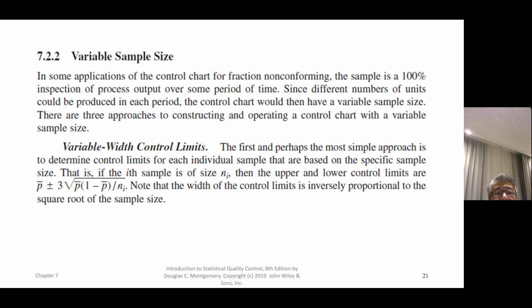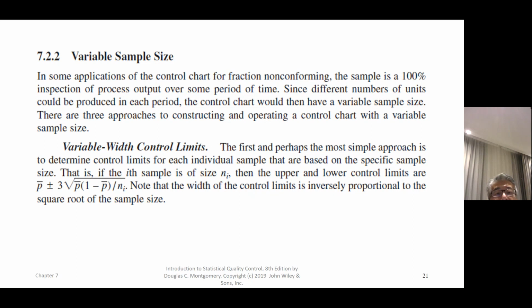First one, the variable width control chart. Perhaps the simplest and most direct measure is to determine the control limits for each individual sample based on the specific sample size.